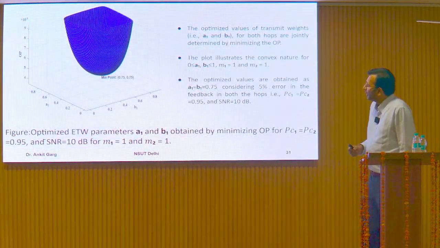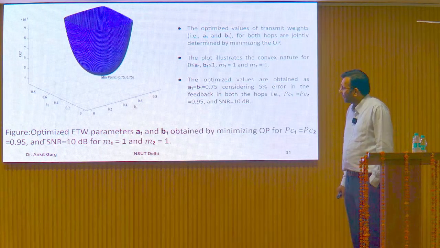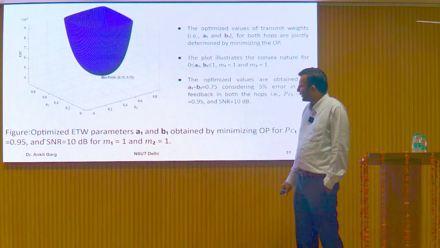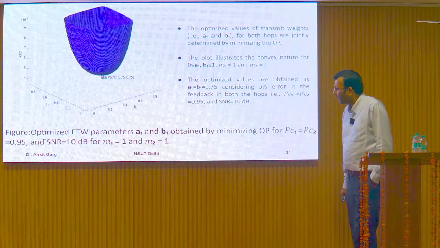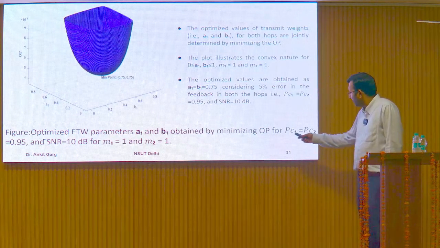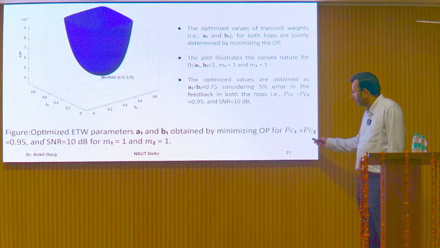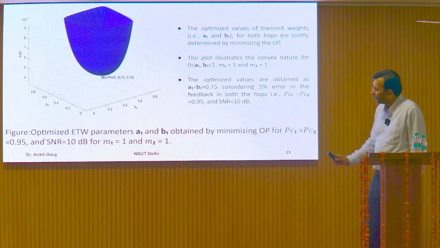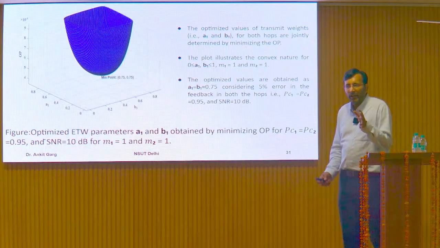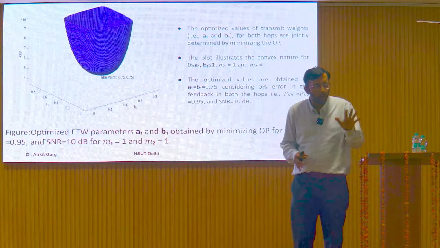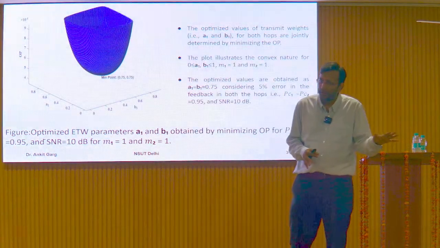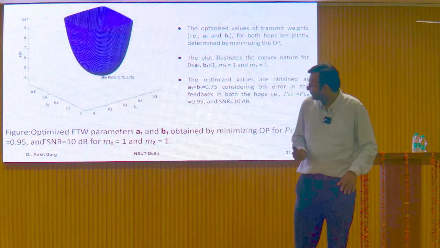This 3D graph represents the optimum values 0.75 and 0.75 for the first and second hop for the given conditions, where PC1 for the first hop and PC2 for the second hop are 0.95. This 0.95 represents a 5% probability of error in the feedback.